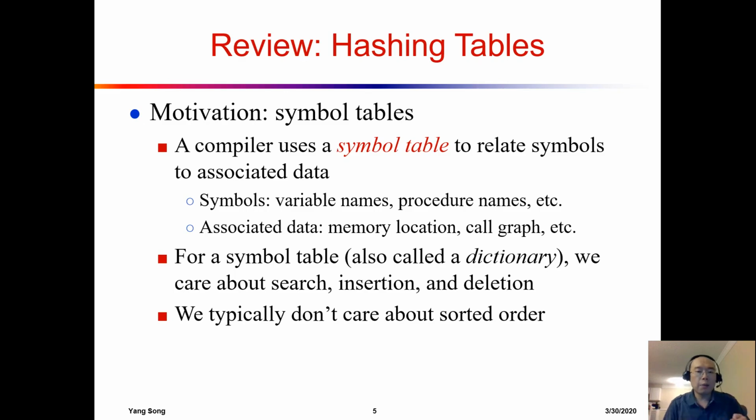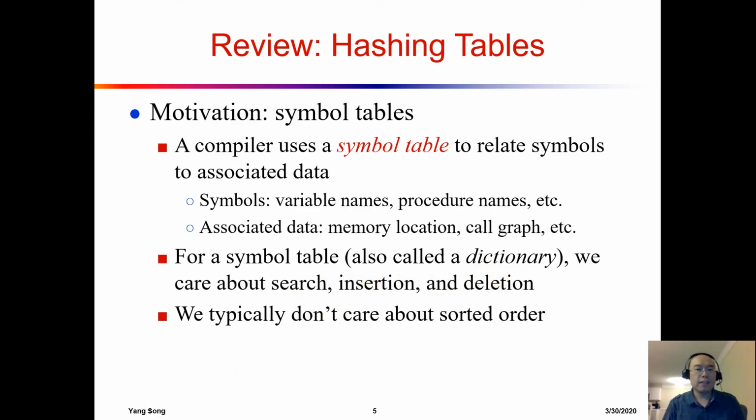Another point is we usually don't really care about whether those symbols are sorted or not. If we have a symbol table starting from A and ending with Z, that's okay, but we don't really worry about whether it is sorted or not. But in addition, we want to make the search, the insertion, and the deletion as fast as possible.